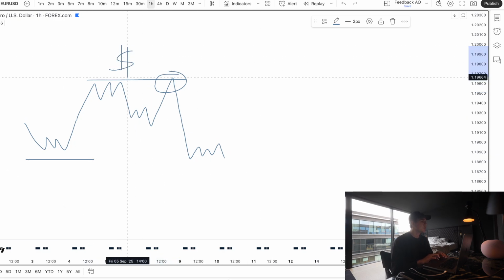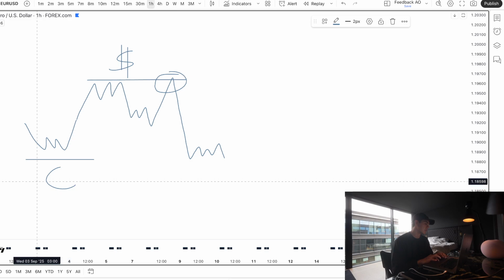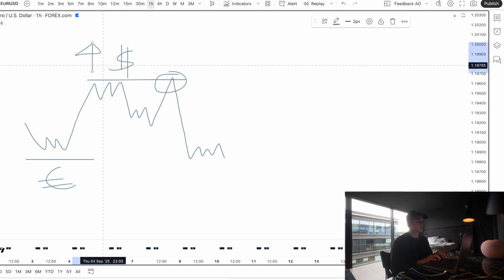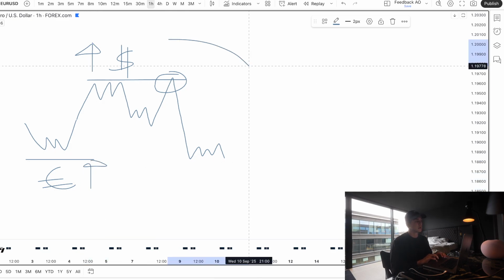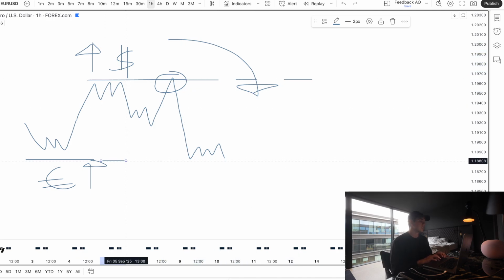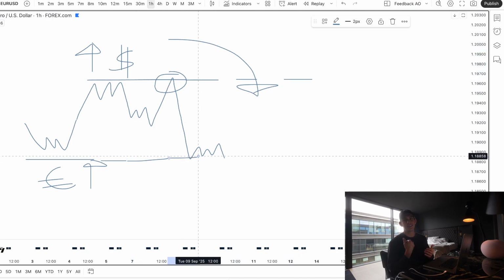And this is the most difficult market condition, right? I'm writing $ here because this is where the increase of demand of dollar occurs, and this is where the increase of demand for the euro occurs, right? And we're trading from highs into these lows, right? And that's the most difficult market condition to trade into.